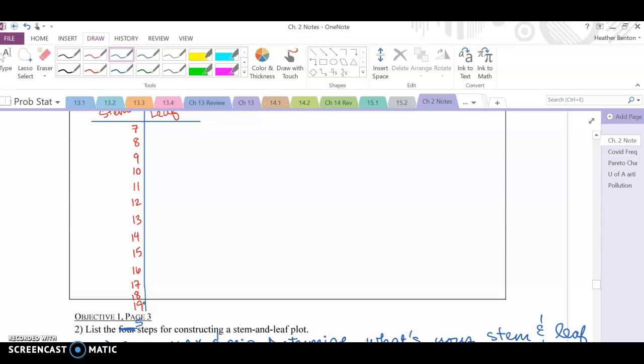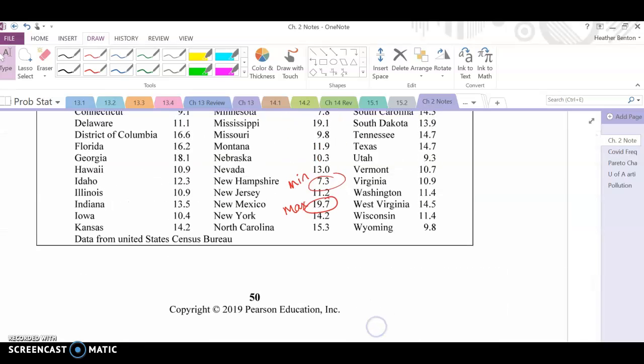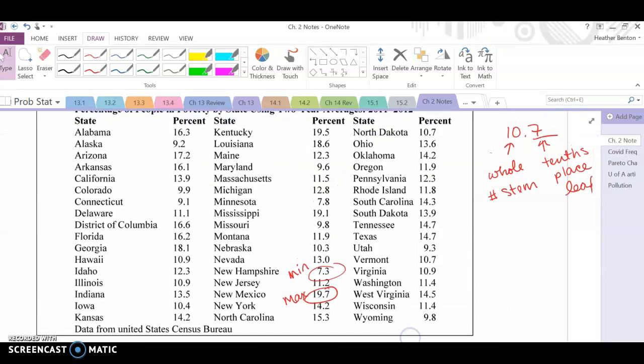Okay, so now that we have all of our stems listed, now we're going to go back and we're going to put all of our leaves. So what you're going to do is you're going to look for all the numbers that start with 7. So we have 7.3, 7.8, and I think that's it.